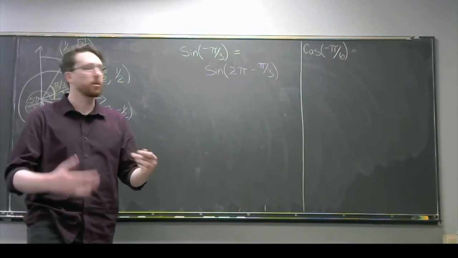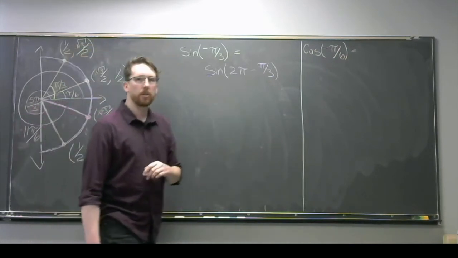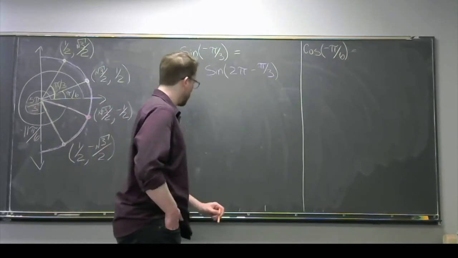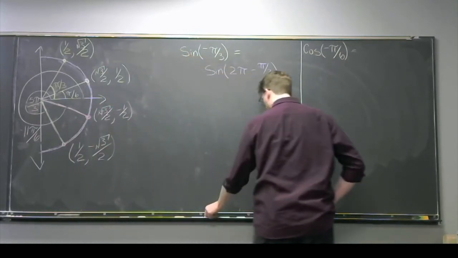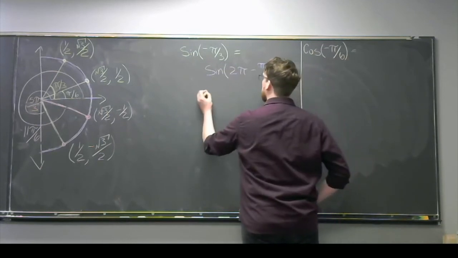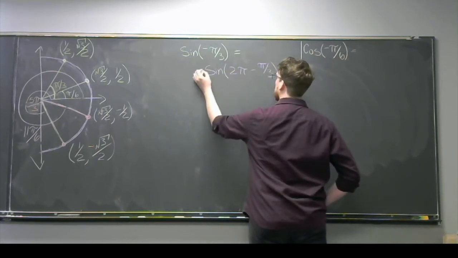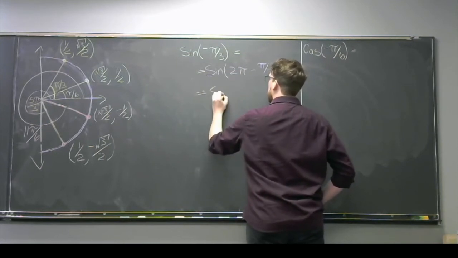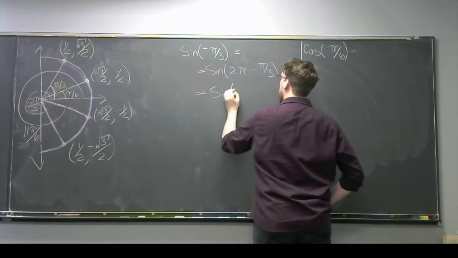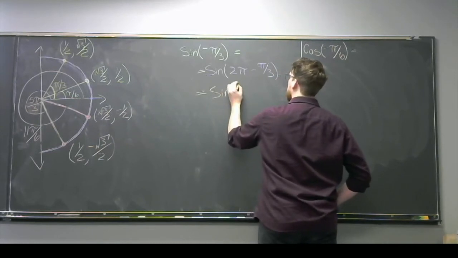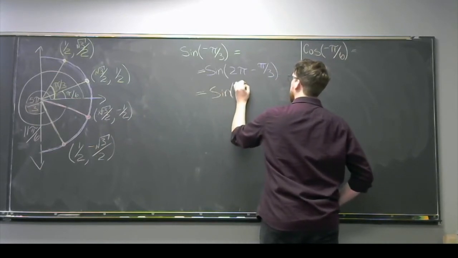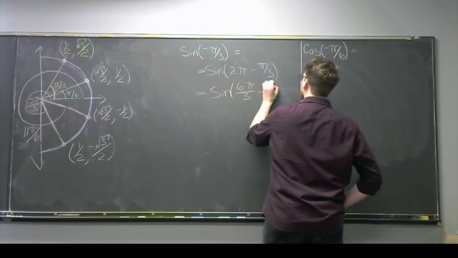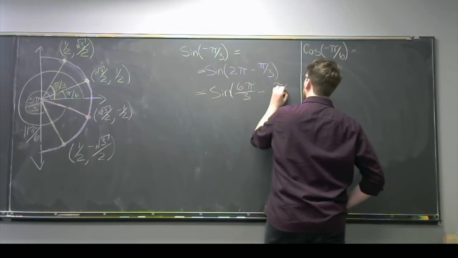Let's first turn 2 pi into a fraction, and then reduce the algebra. When you do that, 2 pi turns into 6 pi over 3 minus pi over 3.